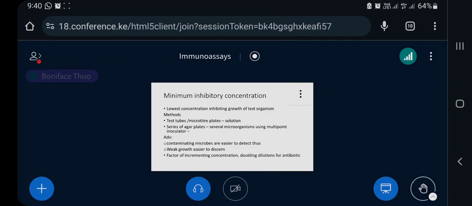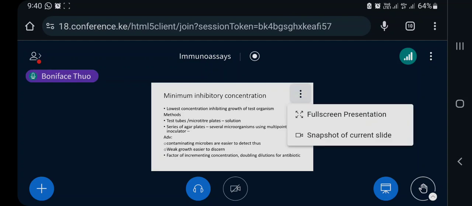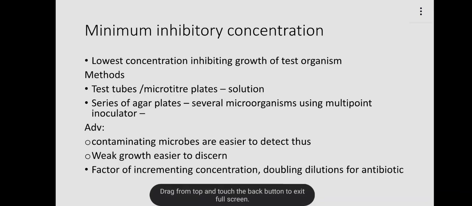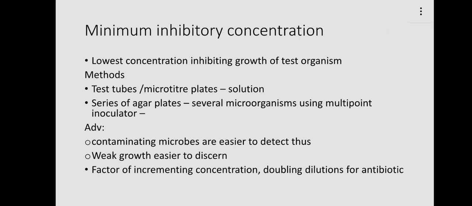Yeah. So another application of microbiological assays is in the determination of minimum inhibitory concentration. So by definition, minimum inhibitory concentration is the lowest concentration of an antimicrobial which is able to inhibit growth of a test organism.